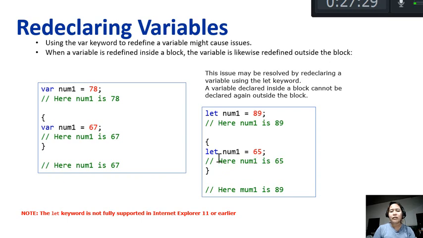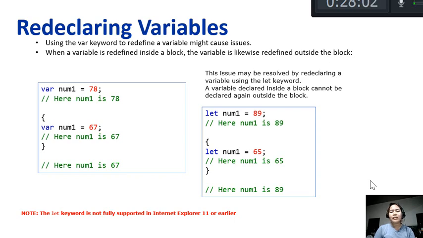Now when the flow of your program gets out of those curly braces, the value of num1, this is not mum1 but num1, outside that block scope, resumes back to its original value, which is 89, because 65, or this particular num1, only exists within these open and closed curly braces. So that's the beauty of let.